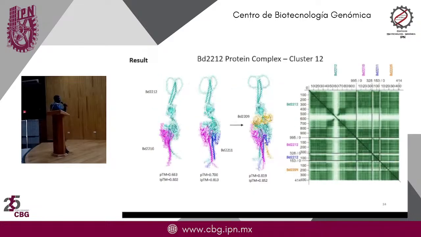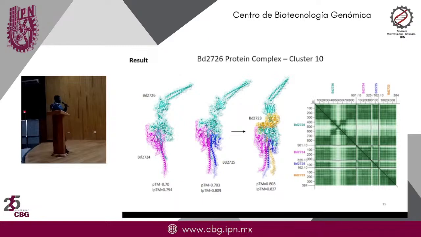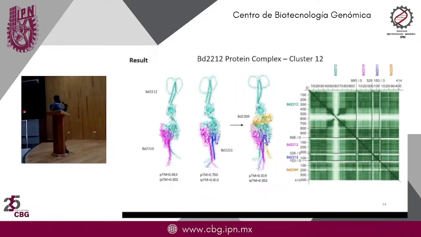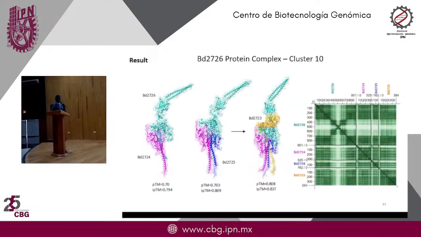For example, we can see this pocket right here for the smallest protein, 22.07, and we can see the same pocket right here for the smallest protein, 22.09. So these structures are not only similar in the genomic landscape according to the operon, but the protein complex that was modeled was also very similar.